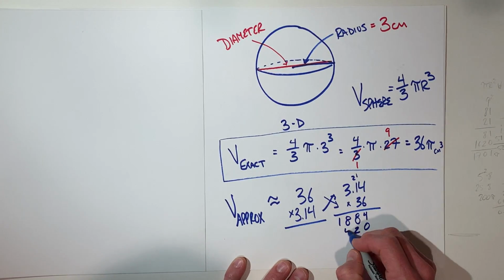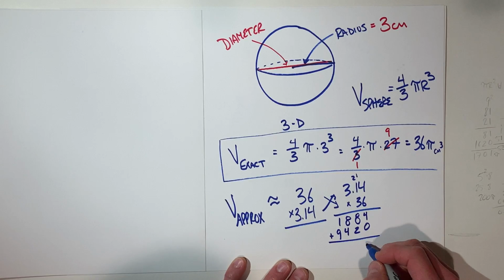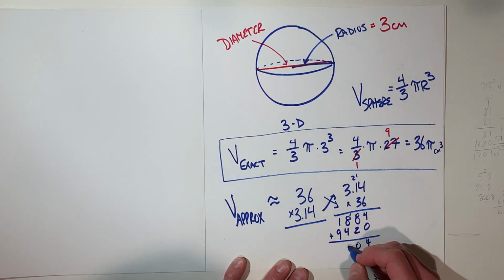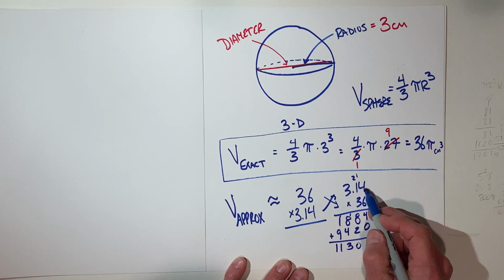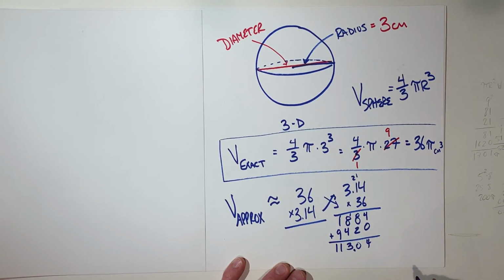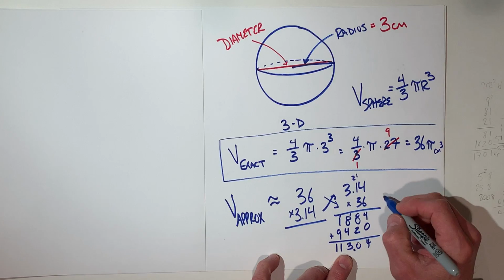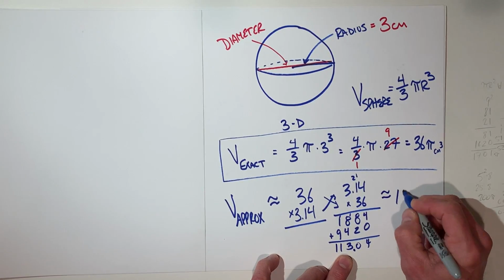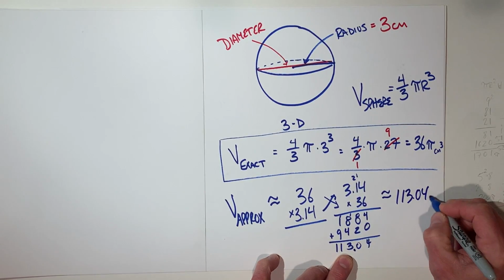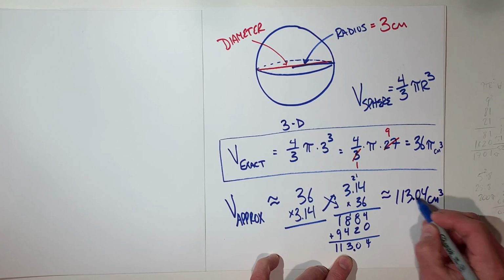Carry the 1. 4 and 9 and add them together. 4, 0, 3. Carry the 1 and 11. 2 decimals, so I move it 2 decimal places over and I get 113.04. So I'm going to say it's approximately 113.04 centimeters cubed. And that's it.